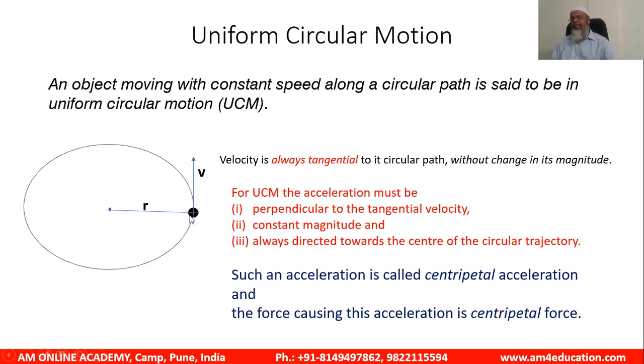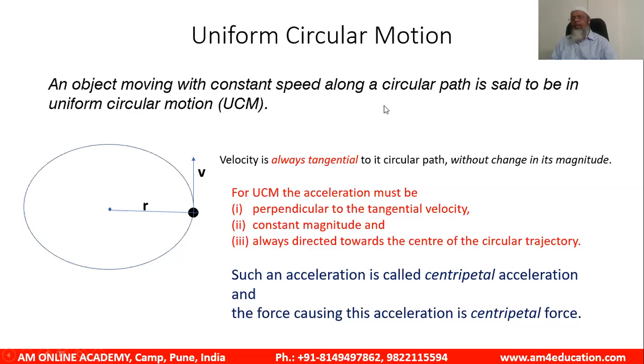Here, if the particle moves out of this circle, it will move along the tangent to the circle. So in circular motion, the velocity is always tangential to the circular path, and its magnitude is the same throughout the motion.